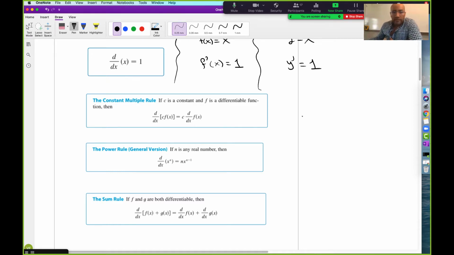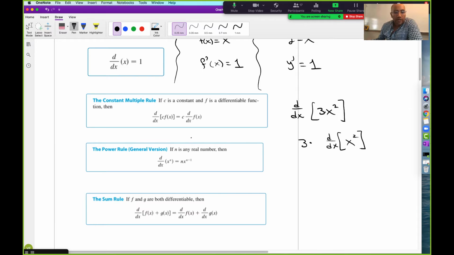So real quick example, if we had 3x squared and we wanted to find the derivative with respect to x of this whole thing, d dx like this, well, this is letting us know that we could just ignore that 3 and multiply it by the derivative with respect to x of x squared, right? As long as we have a constant being multiplied by a function, we can bring the constant to the outside and then take the derivative of the function. So that's what this is saying.